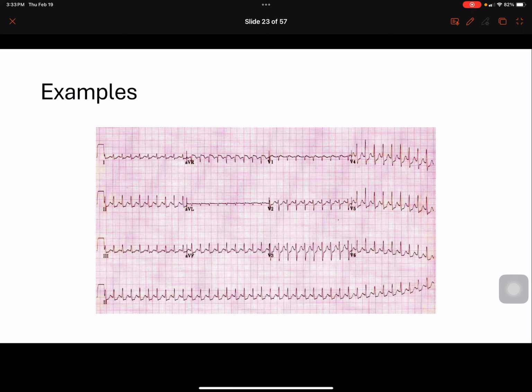It is very quick. So what do you notice about the QRS complexes? Do you see a P wave before the QRS? The answer is no. I don't see a consistent P wave at all, but I see a very consistent rhythm.